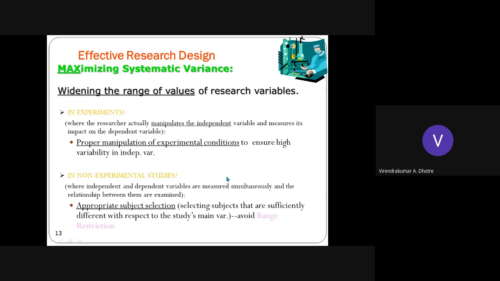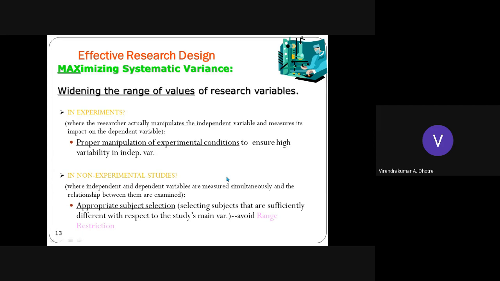So appropriate selection of variables or subjects is very much important, and that is how we implement the maximizing systematic variance principle, max principle, in non-experimental studies. So we select subjects which are sufficiently different with respect to the study's main variables.